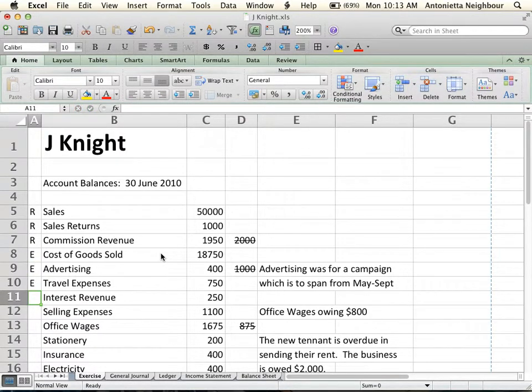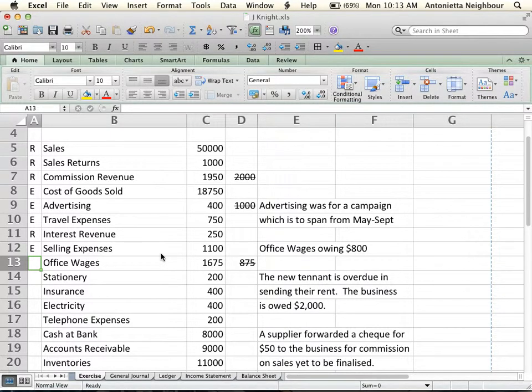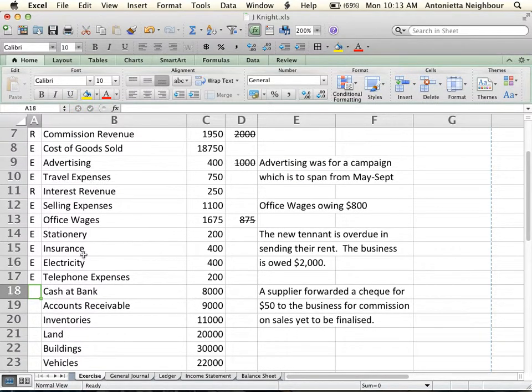Advertising expense, obviously an expense. Interest revenue is a revenue. Selling expenses are expenses. These aren't too difficult, these ones. They actually label themselves. Office wages is an expense, so is stationery. Insurance is an expense, electricity an expense, telephone expenses. So these are already organised for us.